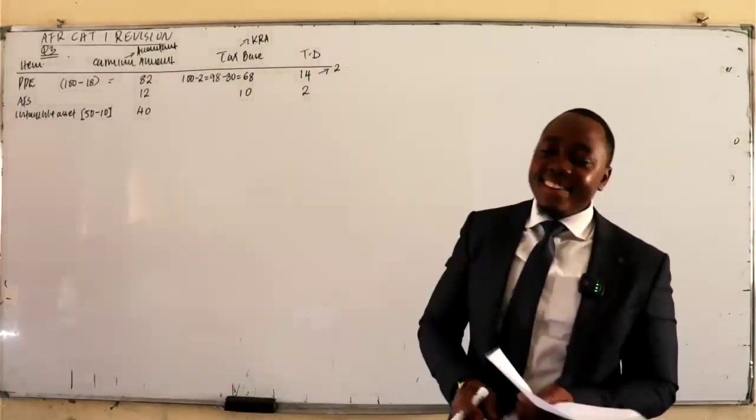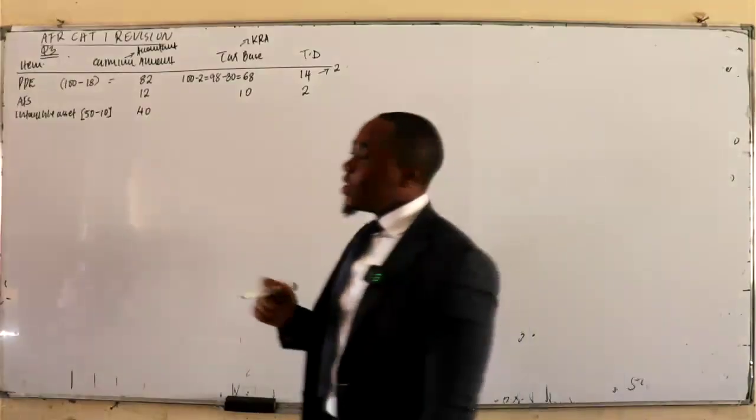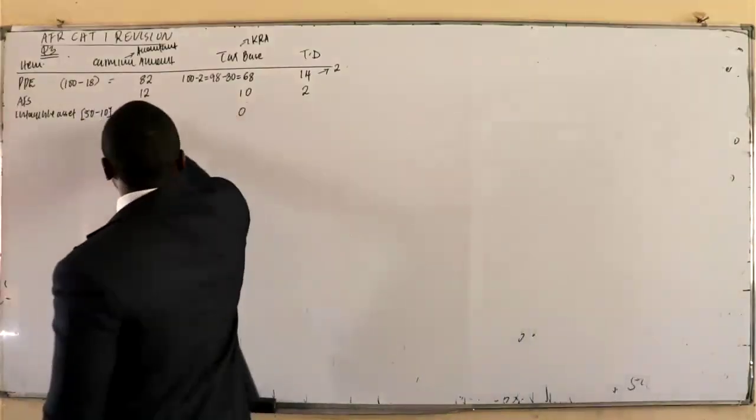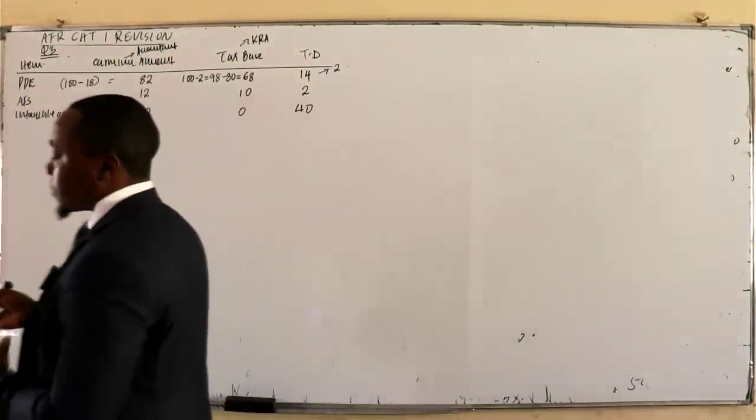0. At least you crammed that one. For an intangible asset, the tax base is always equal to 0. So it will be 40 minus 0, you get an amount of 40. Let's read that again. The balance of 40 million is shown as an intangible asset in the statement of financial position.